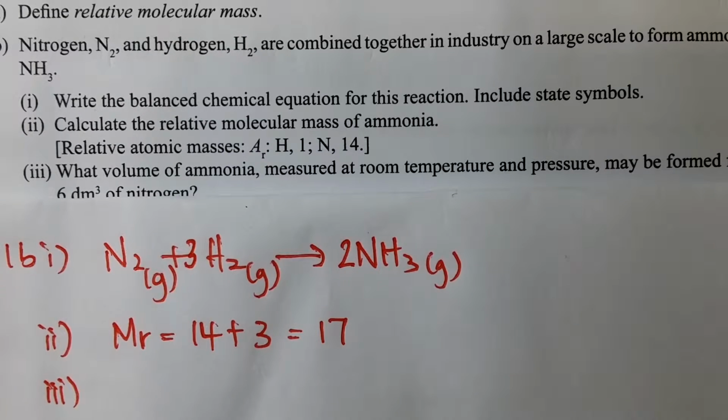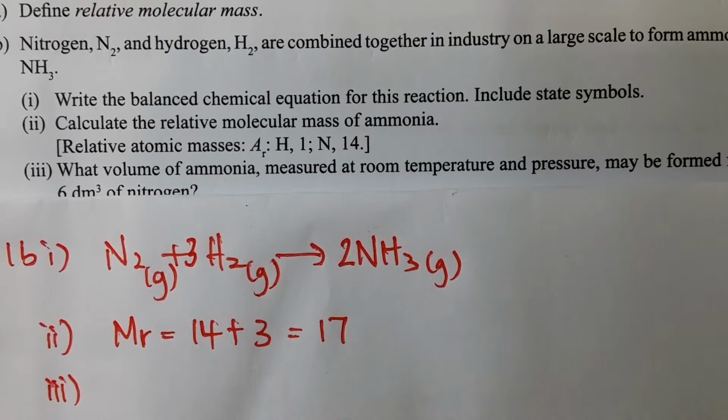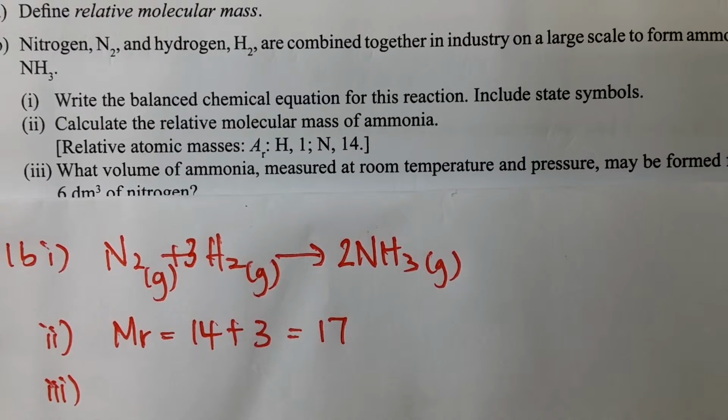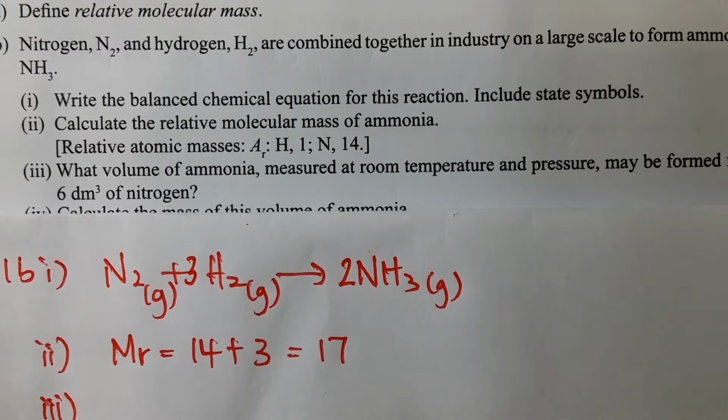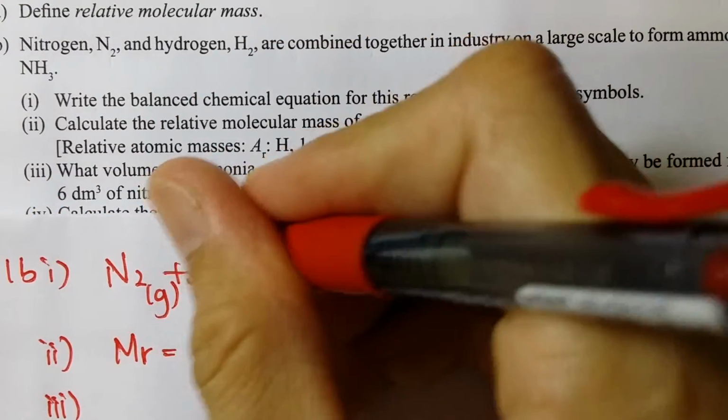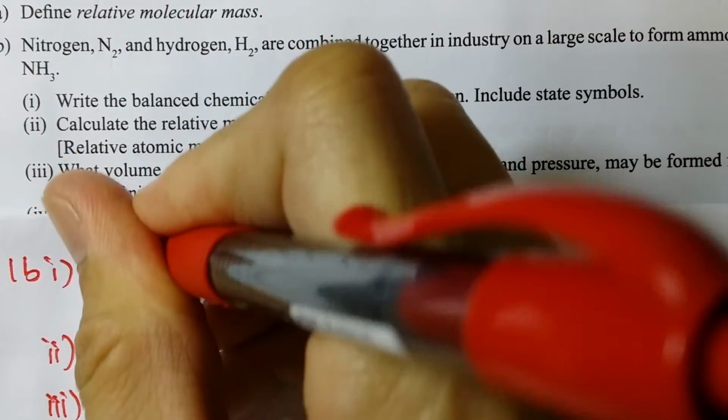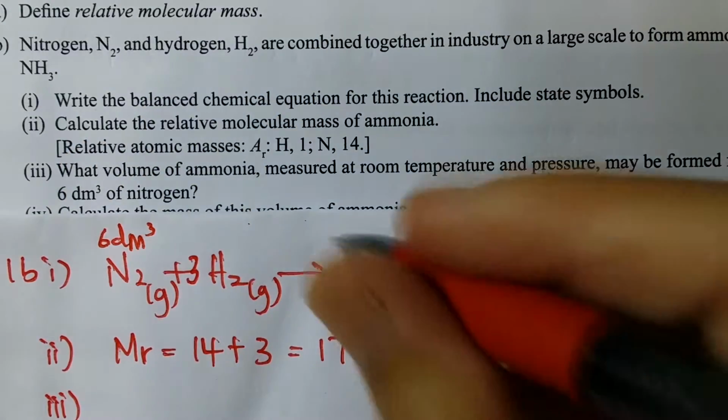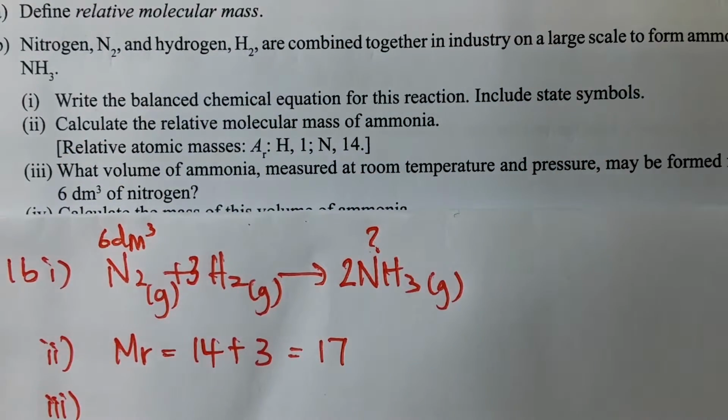Part 3. What volume of ammonia measured at room temperature and pressure may be formed from 6 dm cube of nitrogen? So you have 6 dm cube of nitrogen. What would be the volume of ammonia formed, measured at room temperature and pressure?